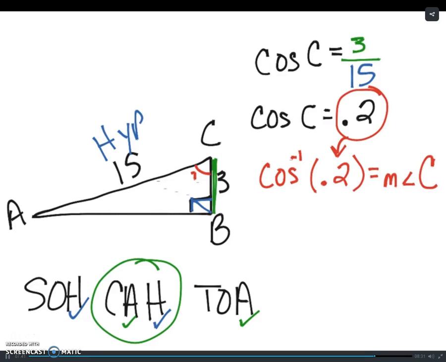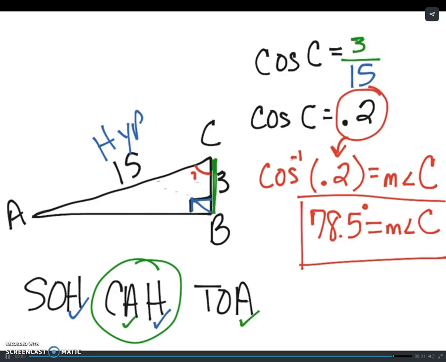So we type in second cosine, and in the parentheses we put 0.2, and so we find out that this angle's measurement to the nearest tenth is 78.5. Okay. And that is the measurement of angle C. And that's going to be your answer.